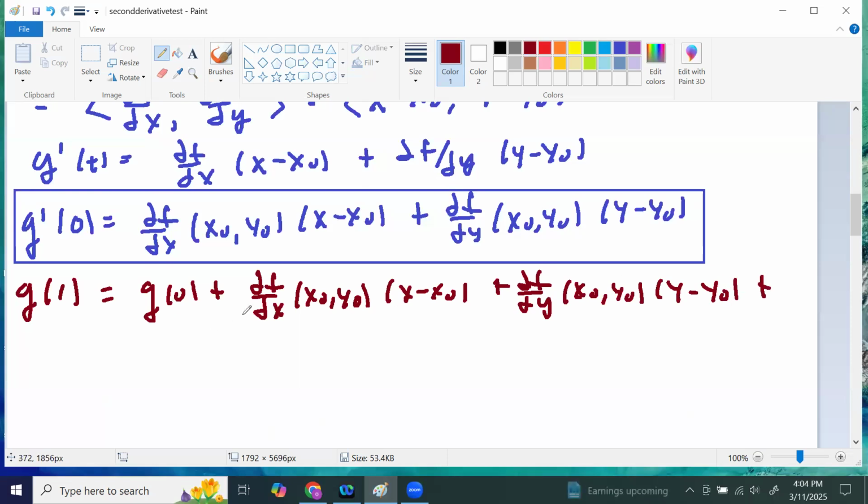So we've got this term, and remember this term here is this. So we got our first term right here.